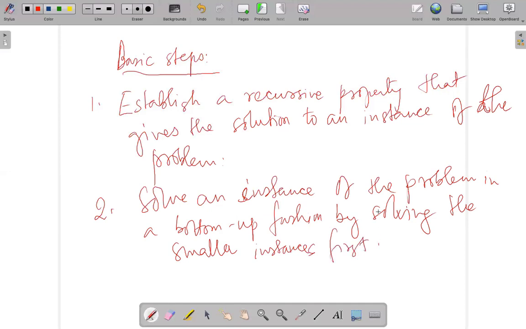So these are the two basic steps that any dynamic programming technique would always involve.